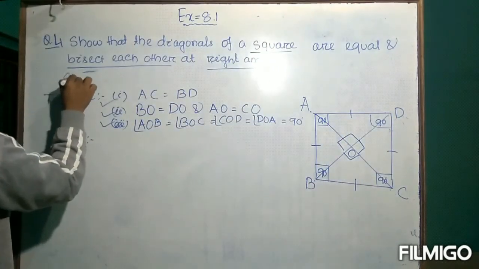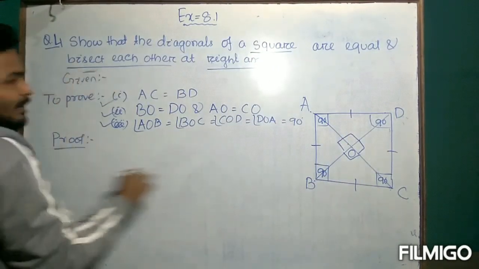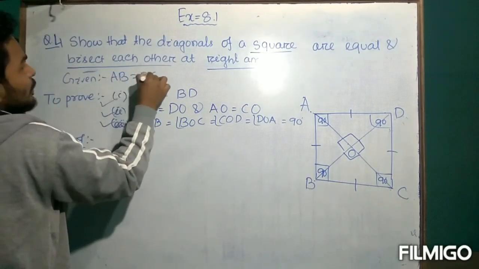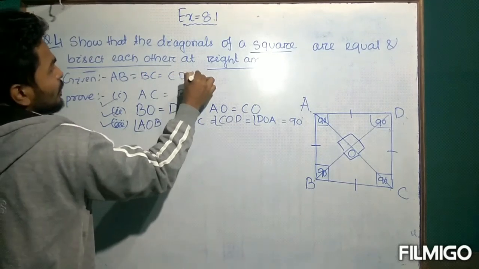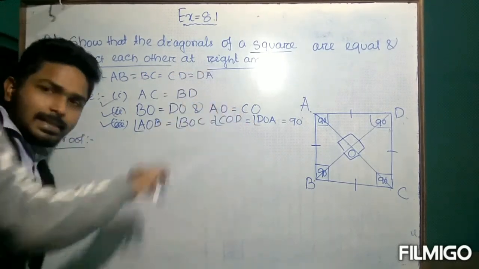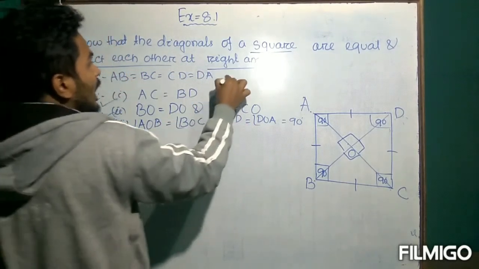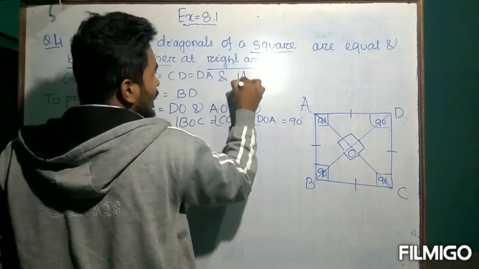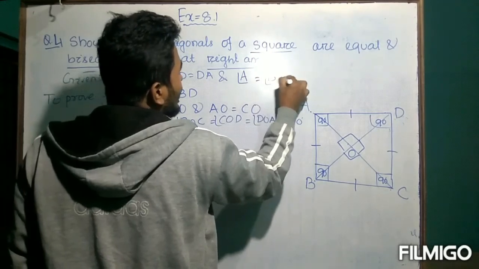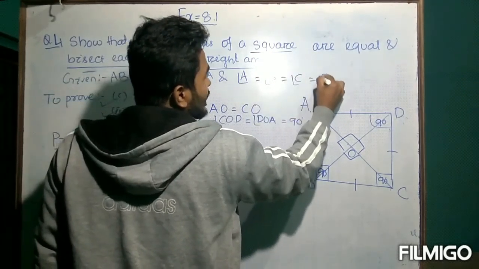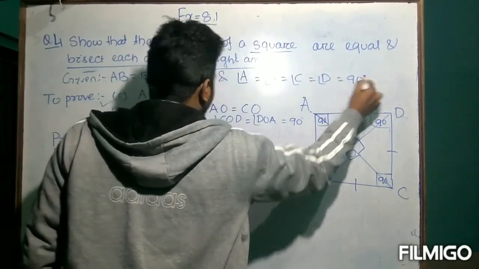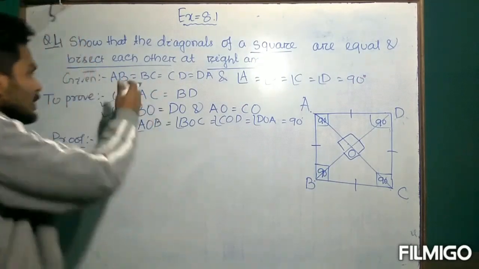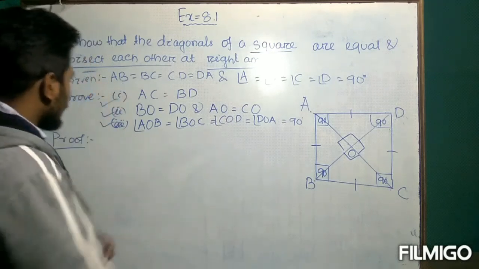So in the given statement you can write that AB is equal to BC is equal to CD is equal to DA. All the 4 sides are of equal length and all the angles are of equal measure. So angle A is equal to angle B is equal to angle C is equal to angle D is equal to 90 degrees. From this given statement we have to prove these 3 statements.